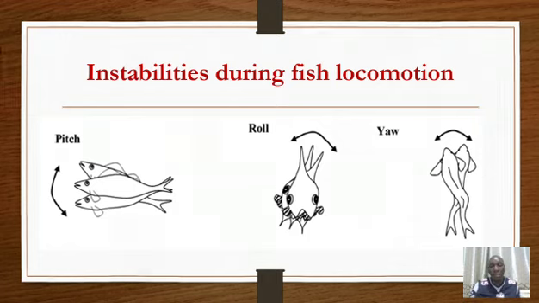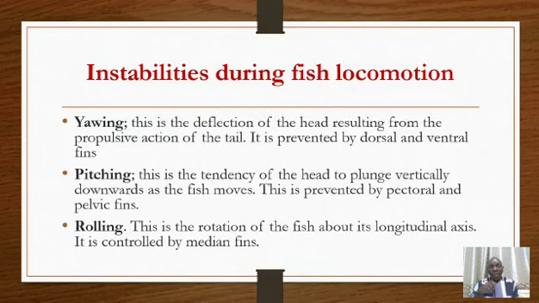So that instability, the deflection of the head resulting from the action of the tail, is what we are calling yawing. Remember, fish should locomote without that yawing. Therefore, it should locomote like that. But due to that instability, it may end up doing that, and that will affect its movement. So that is what we are calling yawing.